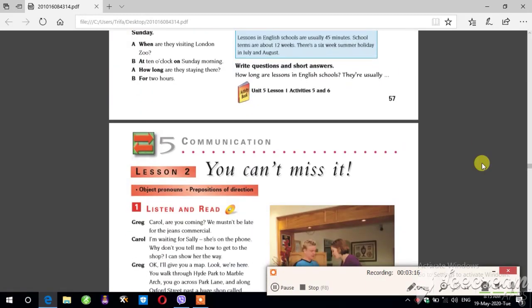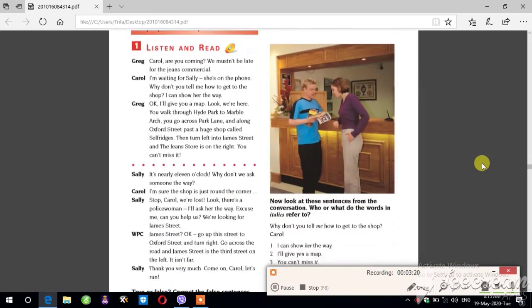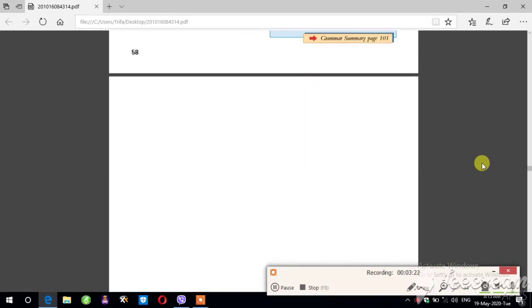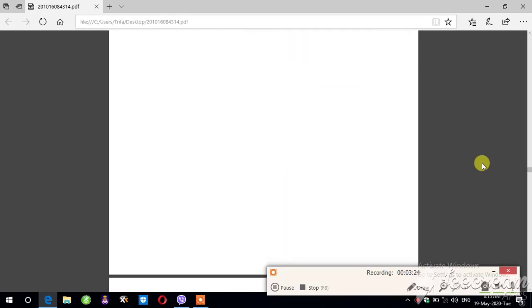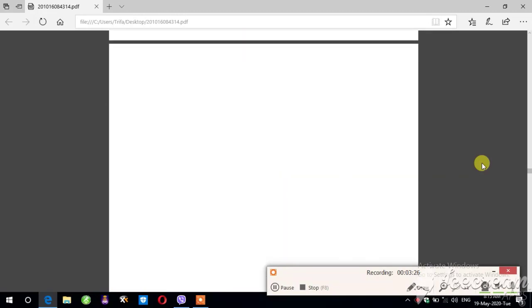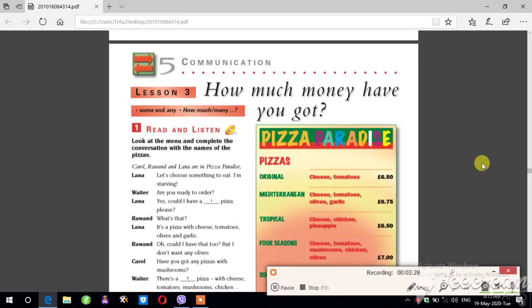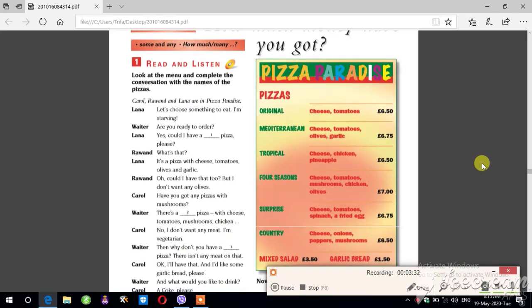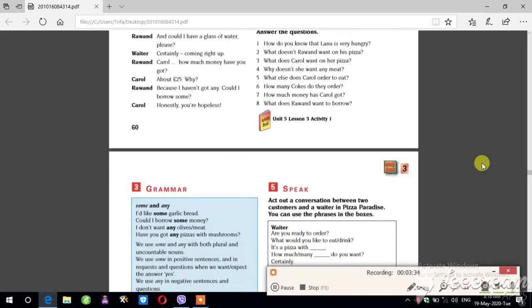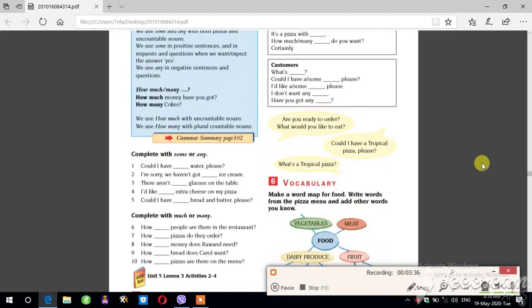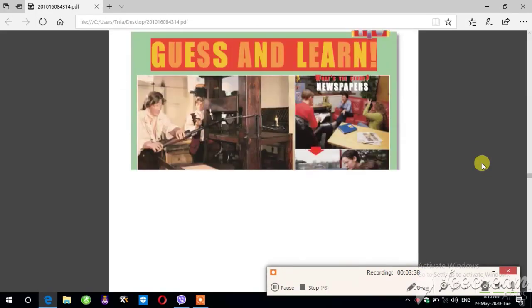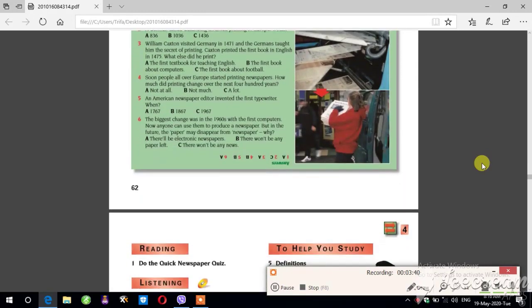And Unit 5, Lesson 2, object pronouns, prepositions of direction, we reviewed, and you have to review the same pages. Unit 5, Lesson 3, how much, how many, some, and any. Today we reviewed. You have to do all of them for the exam, and this one is just read for yourself.